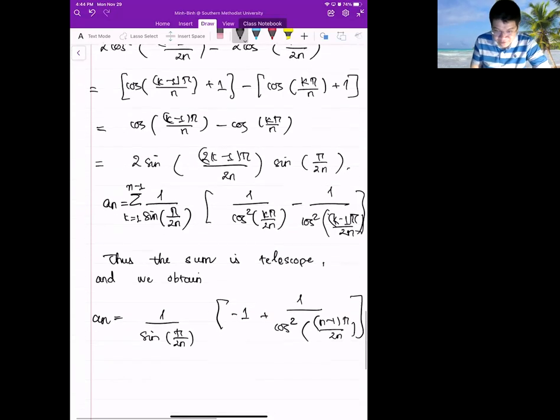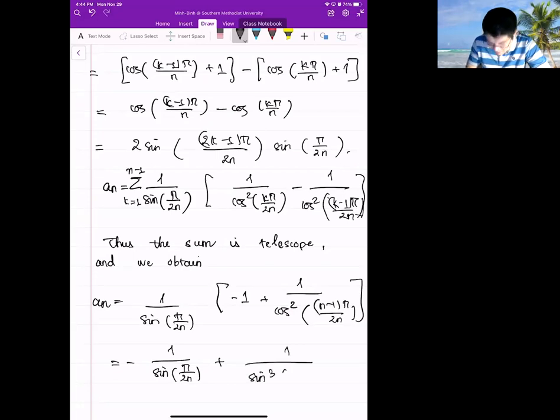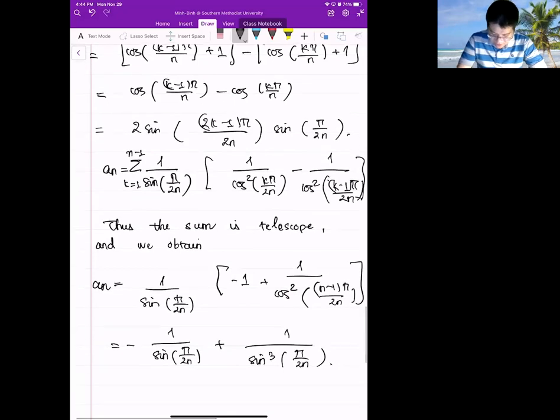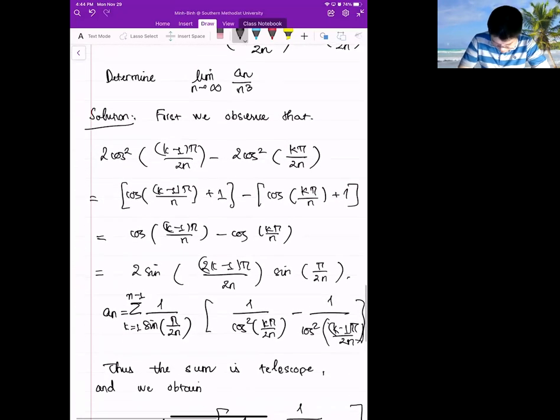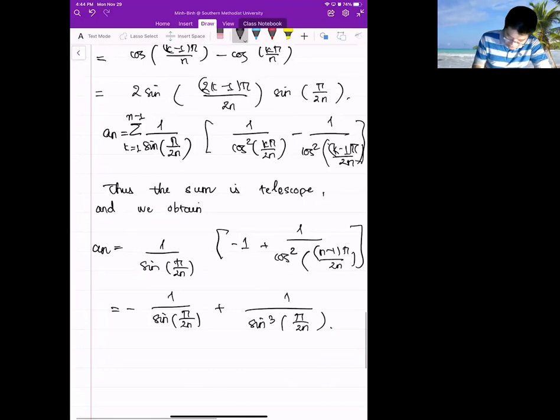All right, and then this is equal to minus 1 over n sine of pi over 2n plus 1 over sine cubed of pi over 2n. All right, so this is basically the sum. So I explain again. First, you observe this identity. Then you write a_n as this sum. So now you know that this sum is telescoping, and you can simplify this sum as follows.